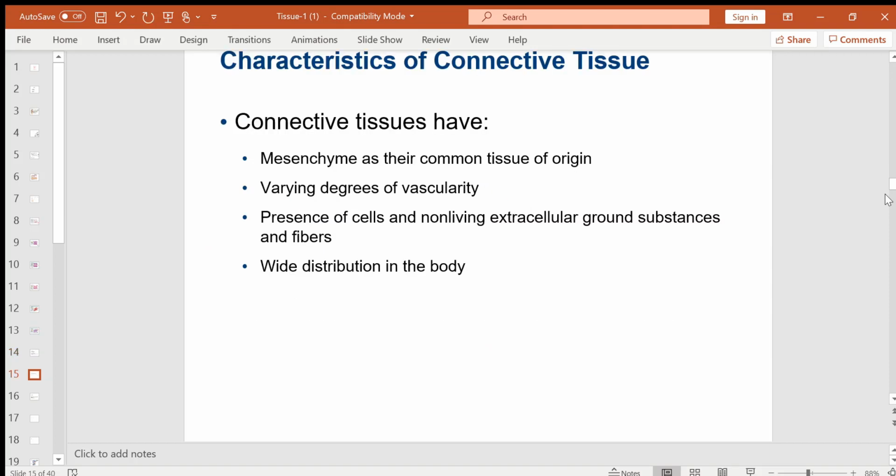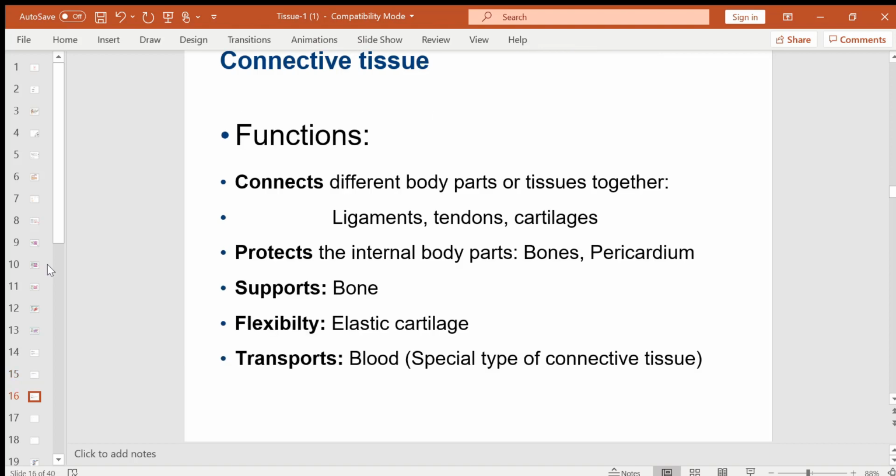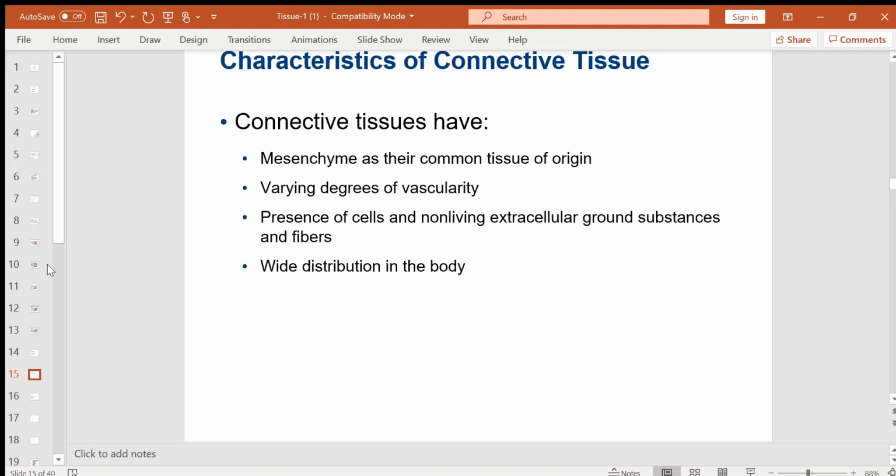Now I'll talk about the connective tissue. Connective tissue is the most widely distributed tissue in the body, and as you know, many structures of your body are formed by the connective tissue. Okay, so connective tissue originates from an embryonic tissue that is called mesenchyme.